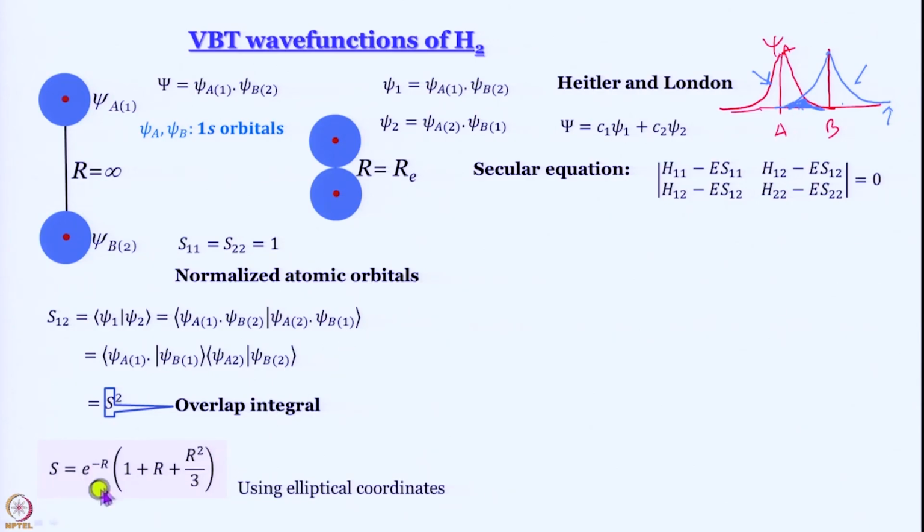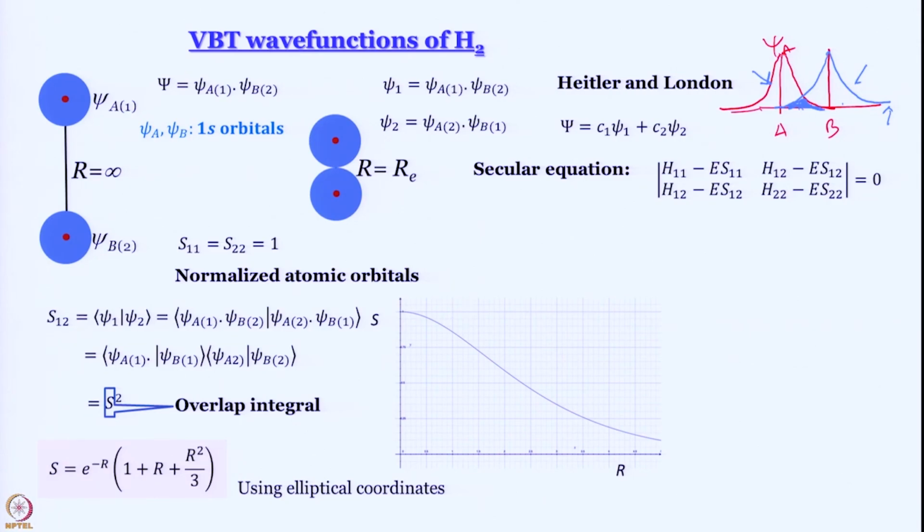The expression turns out to be an exponential decay in R, where R is the internuclear separation, multiplied by a polynomial in R. When we plot this, this is the kind of plot that we get, and this is what we had expected qualitatively also: it becomes 0 asymptotically, but as you come closer and closer it becomes maximum. This is the variation of the overlap integral as a function of internuclear separation.